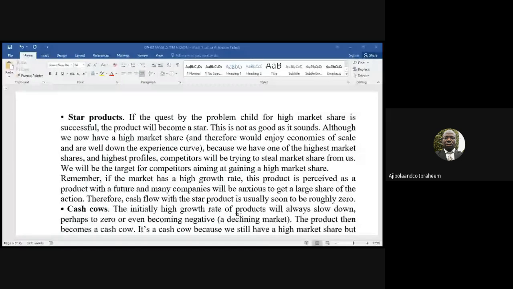Maybe we're going to see something like that in the calculation aspect, if we have the time to do it next class. It can drop to negative, meaning that the sales are not going up at the same rate. Like for instance, in the beginning, 20 tons today, by next month, 30 tons, by next month, 40, 50. So at a particular time, instead of going to 60, it goes to 55.